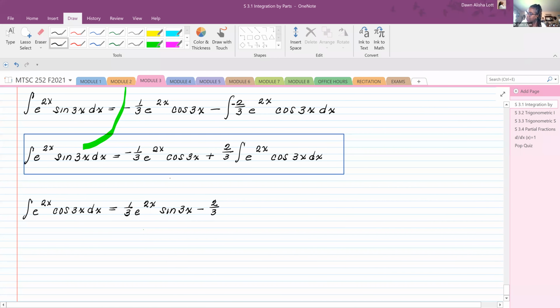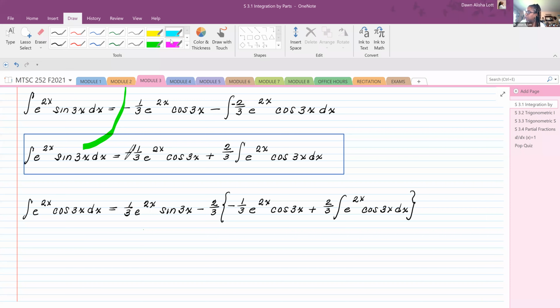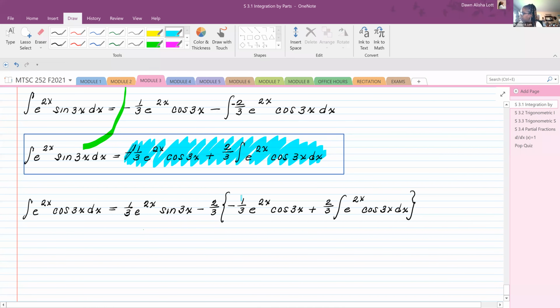So the next integral is negative 1/3 e to the 2x cosine 3x plus 2/3 the integral of e to the 2x cosine 3x dx. So I took this whole thing and plopped it right in here.